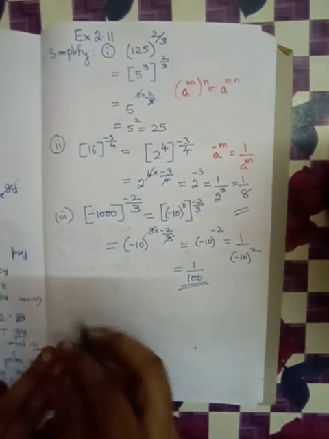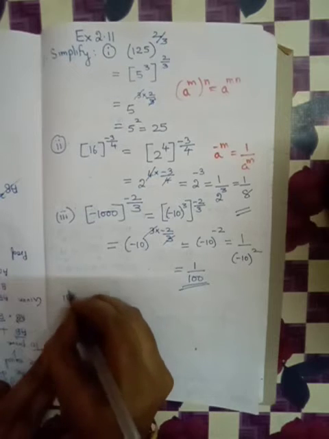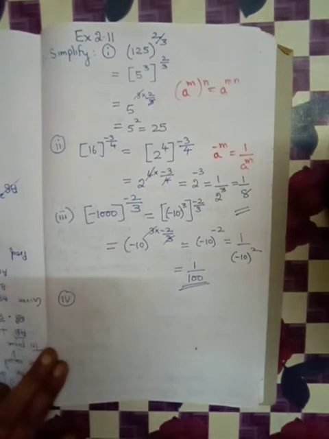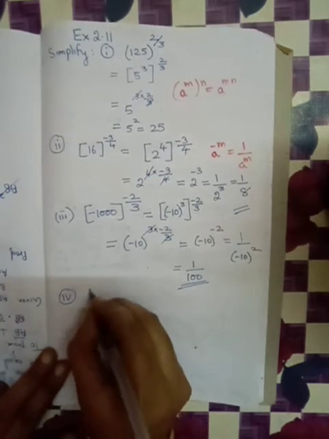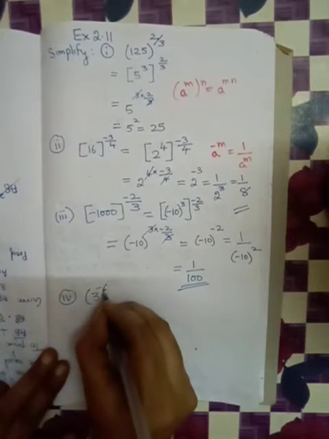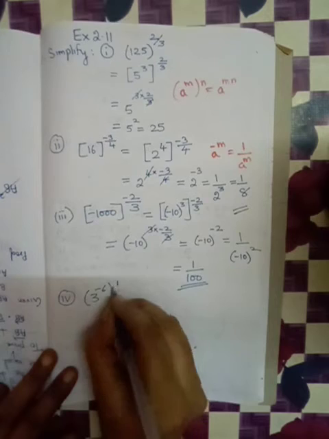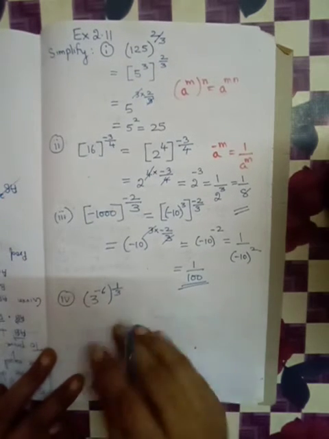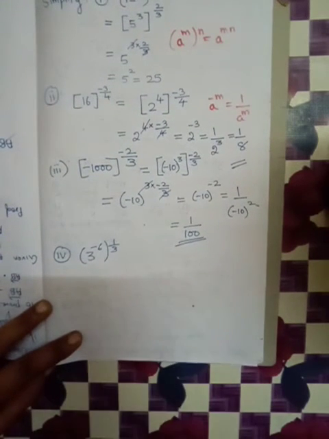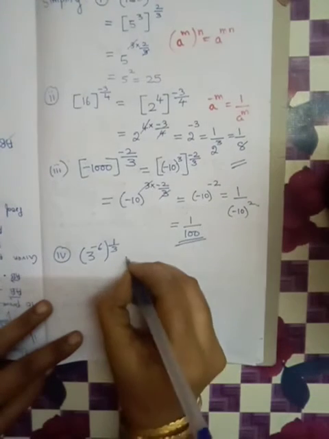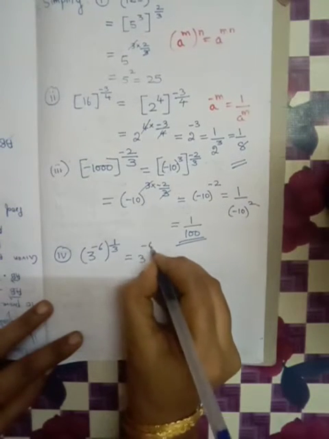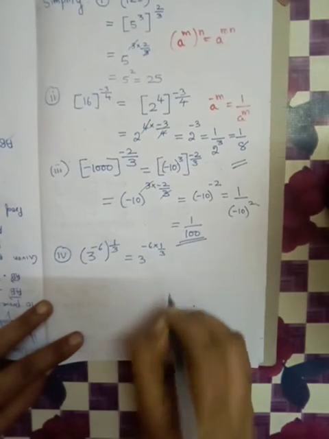Now let us see fourth subdivision. Fourth subdivision, the question is 3 to the power minus 6, outside you are having 1 by 3. Now this I can multiply and write it as 3 to the power minus 6 into 1 by 3.